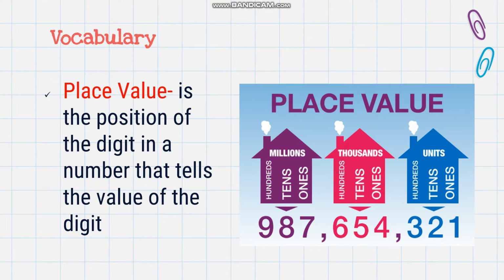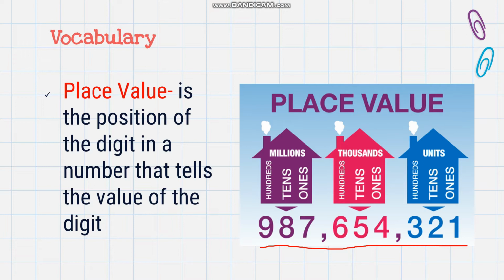Let's talk about place value. Place value is the position of the digit in a number that tells the value of the digit. For example, I have 987,654,321.